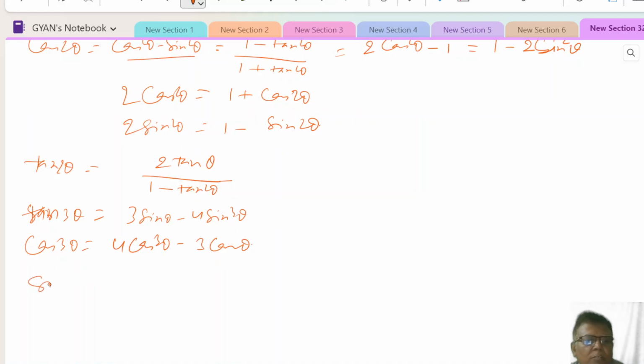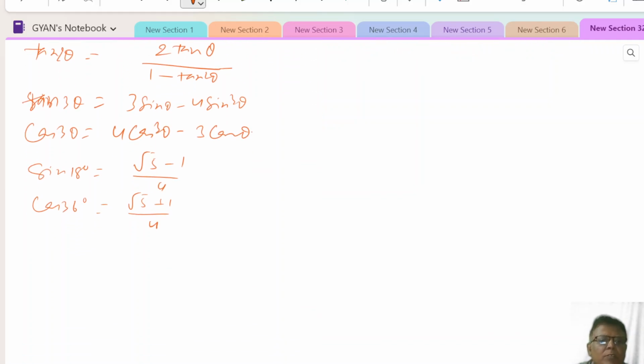We have also found sin 18 degree is equal to (root 5 minus 1) divided by 4, and cos 36 degree is equal to (root 5 plus 1) by 4, and 36 degree also we have found.